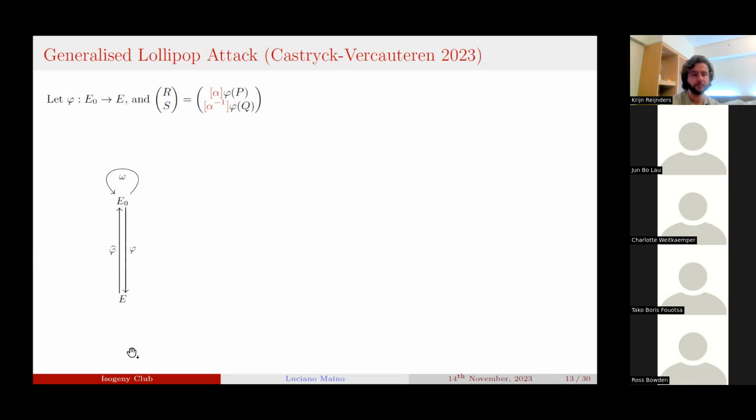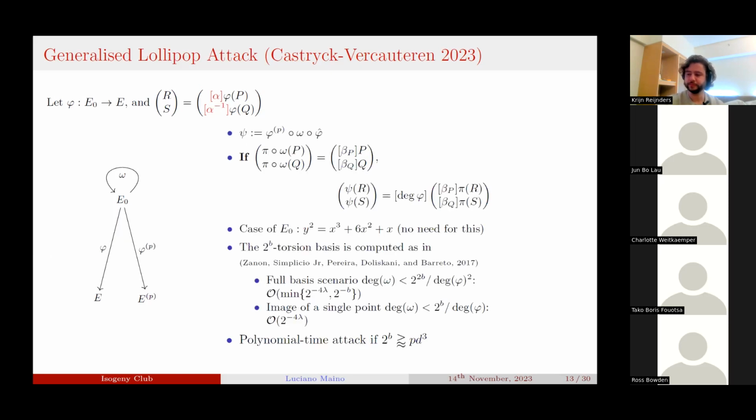So for certain parameter sets, and if the torsion is not masked, this could work, but it might not be enough to attack these types of problems in the parameter sets in FESTA. So for this reason, Castryck and Vercauteren generalized the attack, and rather than using just the dual of the isogeny, they look at the Frobenius conjugate of the isogeny.